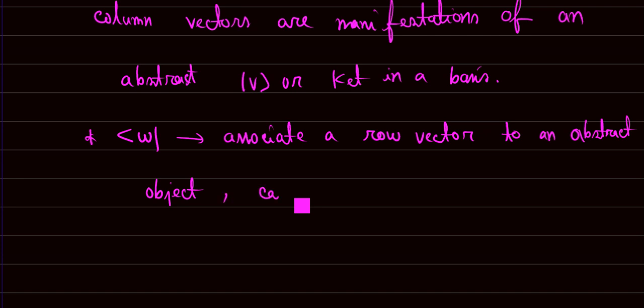This is called bra w. So this form is called a ket vector and this form is called a bra vector.